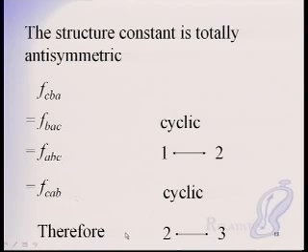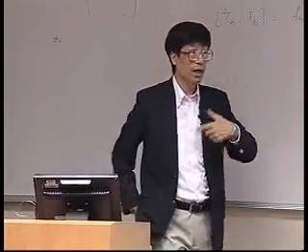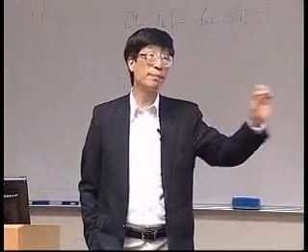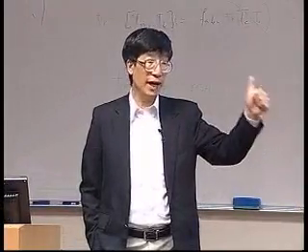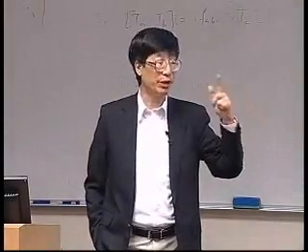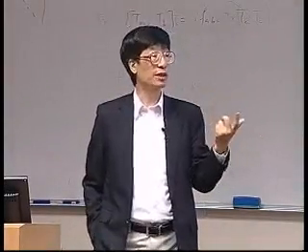Okay? So the second and third indices, if you interchange, are antisymmetric. So you could have guessed from the SU2 case that the epsilon factor is cyclic and totally antisymmetric, and that those properties are preserved in the generalization to SUN.